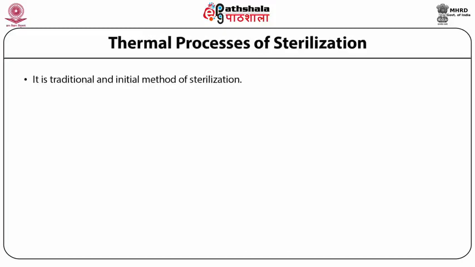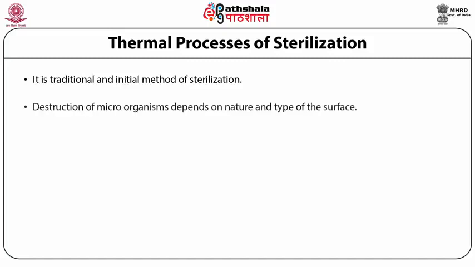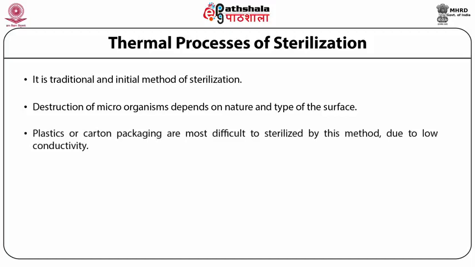Microorganism inactivation has traditionally been accomplished by heating. Reaction velocity for their destruction depends on how rapidly the heat can be transferred to the cell. When heat is used, the nature and type of the surface must be considered. Plastic or carton packaging with their low conductivity are more difficult to thermally sterilize than the metal packaging materials.